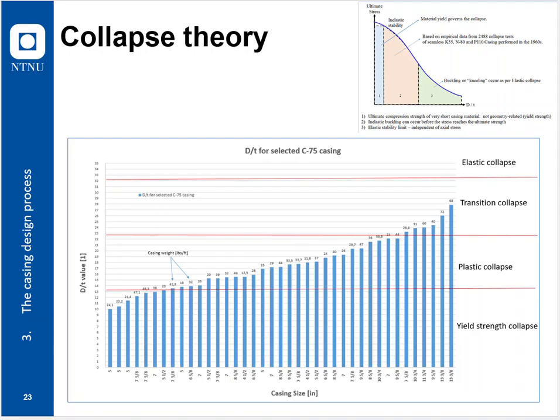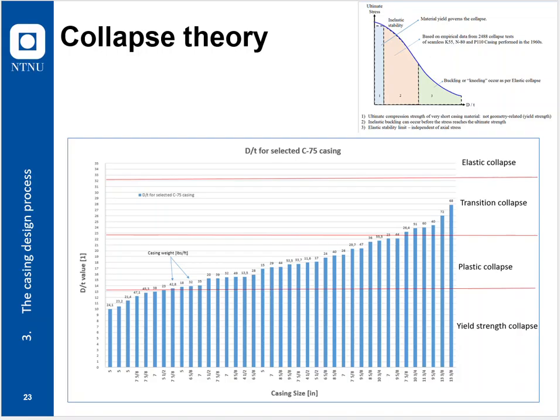And we see different pipes, and knowing that the casing weight pound per foot is determining the D/t ratio, we can understand here a portion of where we can find the different pipes.